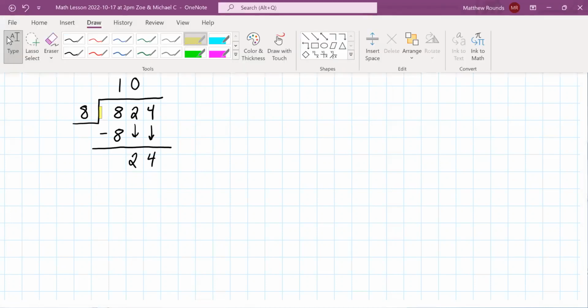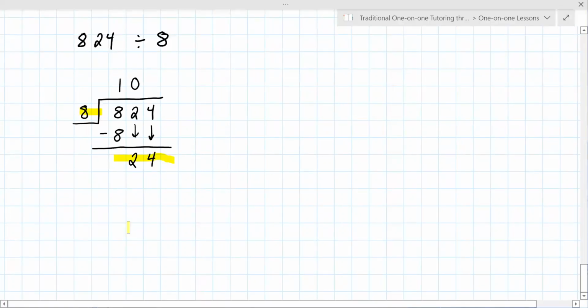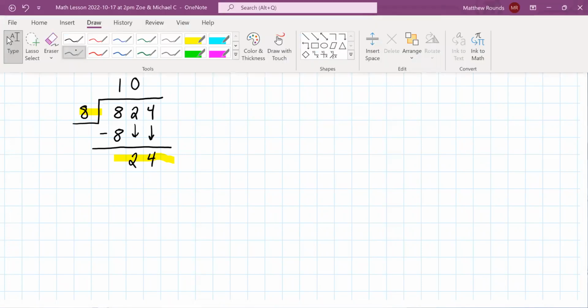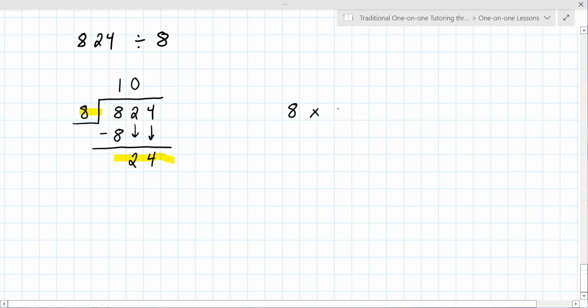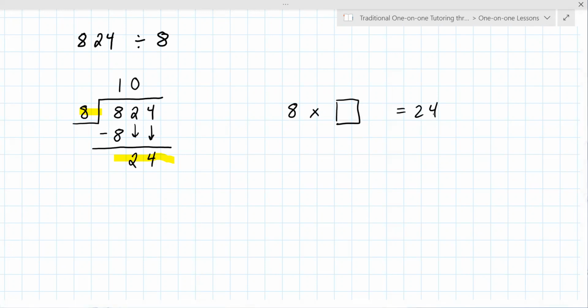No. Do you have your multiplication table? Eight times some number is 24. Do you have your multiplication table in front of you? You just got to look at it.